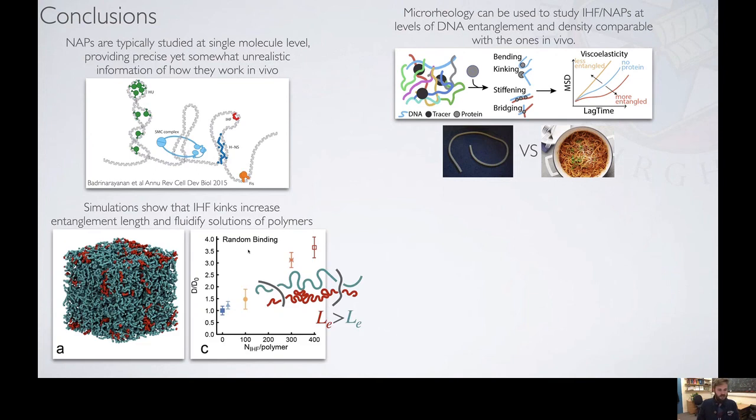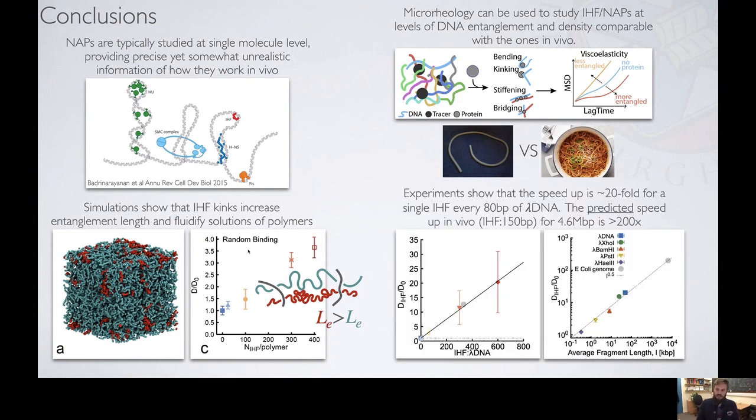I showed you with simulations that by simply adding kinks to polymers, you reduce the entanglements, and the polymers go faster. And we see the same effect in experiments, and we don't see any evidence of the bridging that is instead important in biofilms and has been seen recently using AFM.